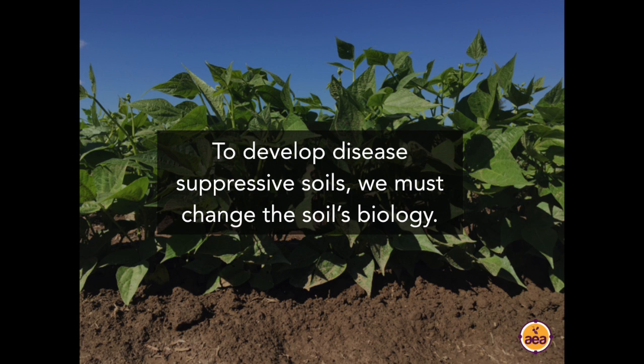It's simply a question of changing the soil's biology, changing the soil's microbiome. And when we change the microbiome, we can develop a disease suppressive soil that will prevent the infection of a plant, even when we plant a susceptible cultivar, even when we have a crop rotation that is considered to foster the hosting and the development of that specific organism.